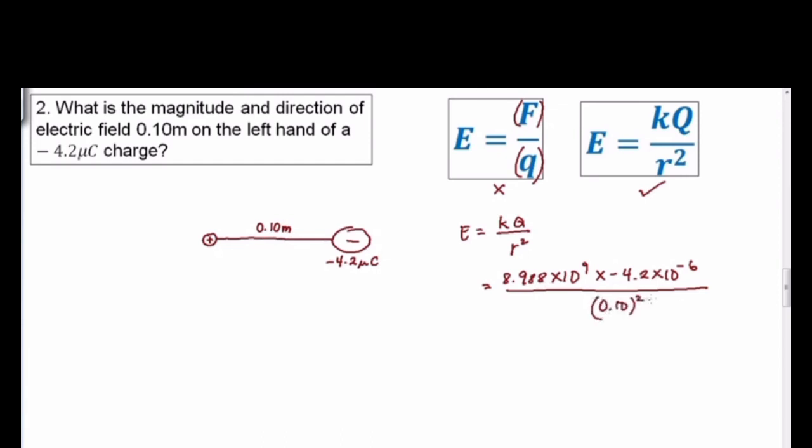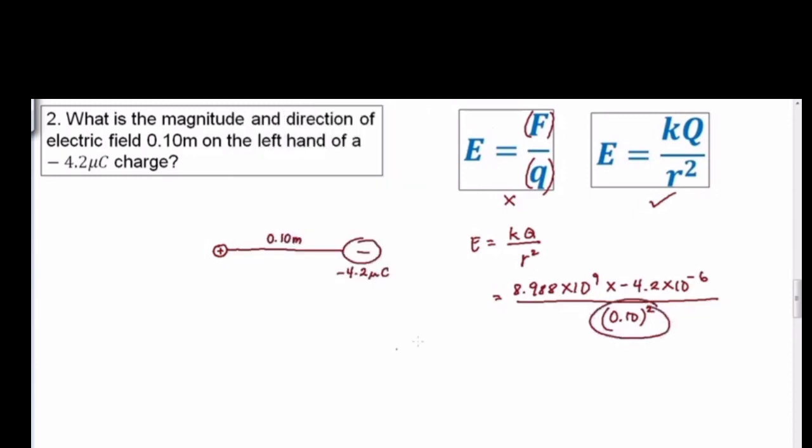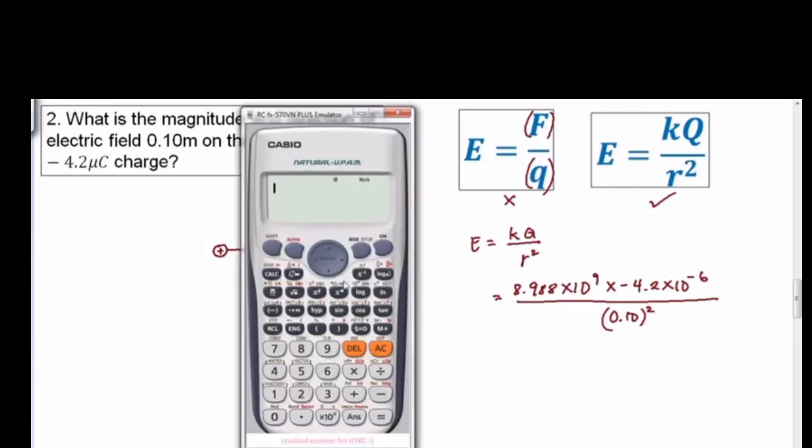Kailangan, naka-meters yan. So, meaning, if the given are not in meters, you need to convert it into meters. Okay, and then input nyo lang sa calculator. Ito guys, hindi na kailangan lagyan ng parentheses kasi dire-diretso na siya. Hindi katulad nung una, kasi dito, isa lang yung denominator. So, hindi na yan magmamatter.